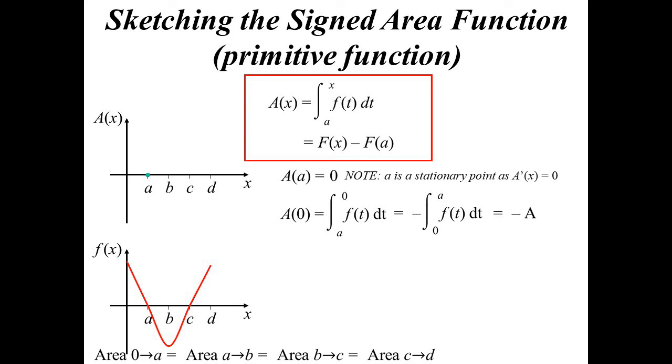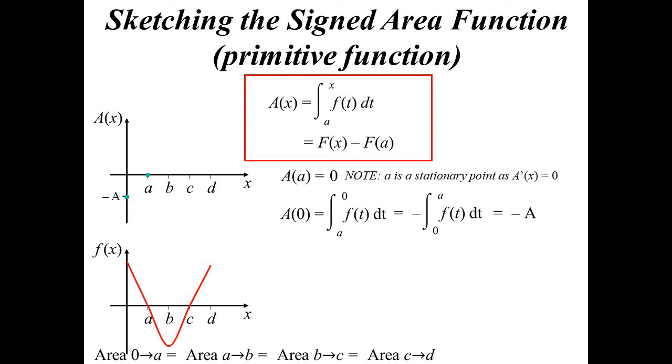I'm just going to call it a constant A. But it's negative A, because I'm not going from 0 to a, I'm going from a to 0. So I'll plot the a-intercept at negative A. Okay. All right. Because I'm saying the value of this area is A. Therefore, the integral from 0 to a is capital A.